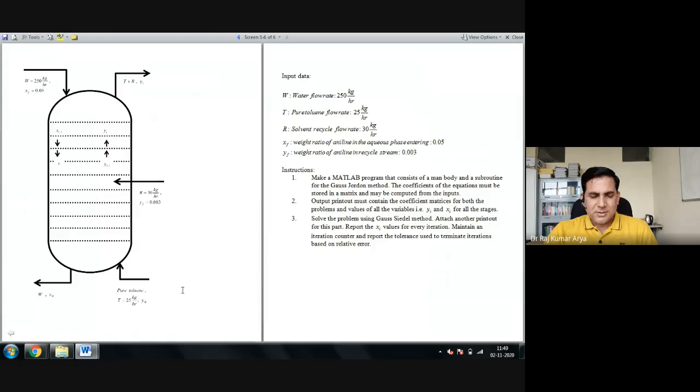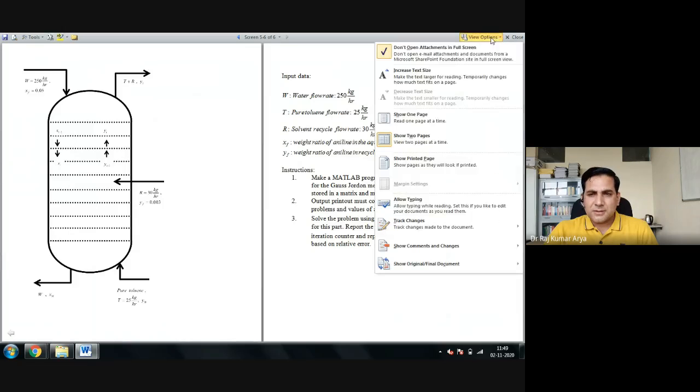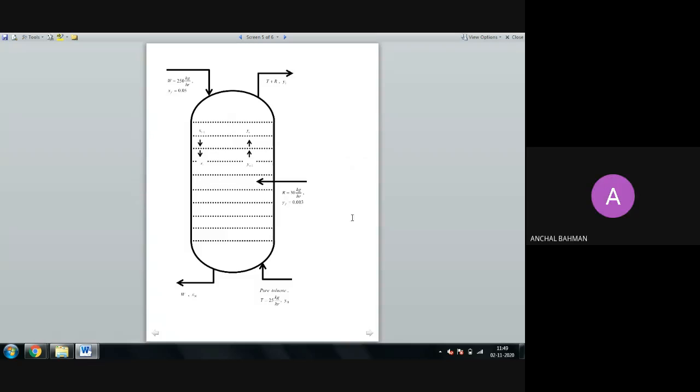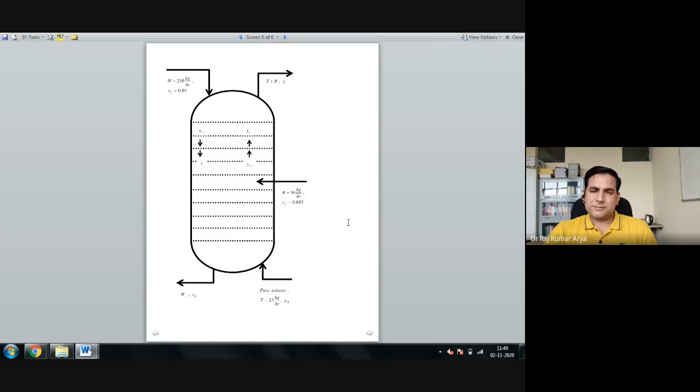But I want only one page at a time. I hope you can see that? Ah, see, this is fine now, right?